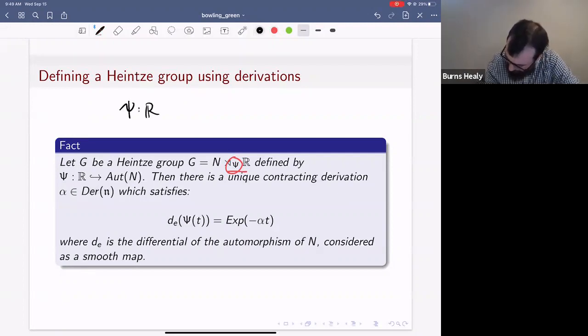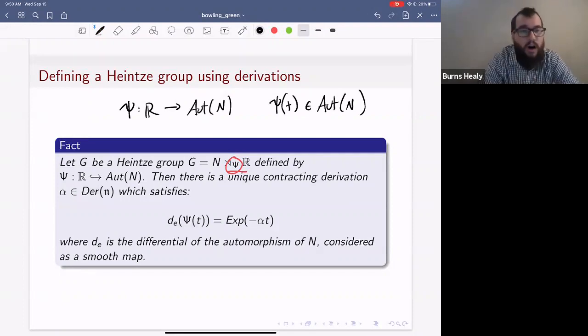Psi is a map from R to Aut(N), okay? Which means that if I look at psi of t, I actually get a particular automorphism of N, i.e. psi of t is a map from N to N.